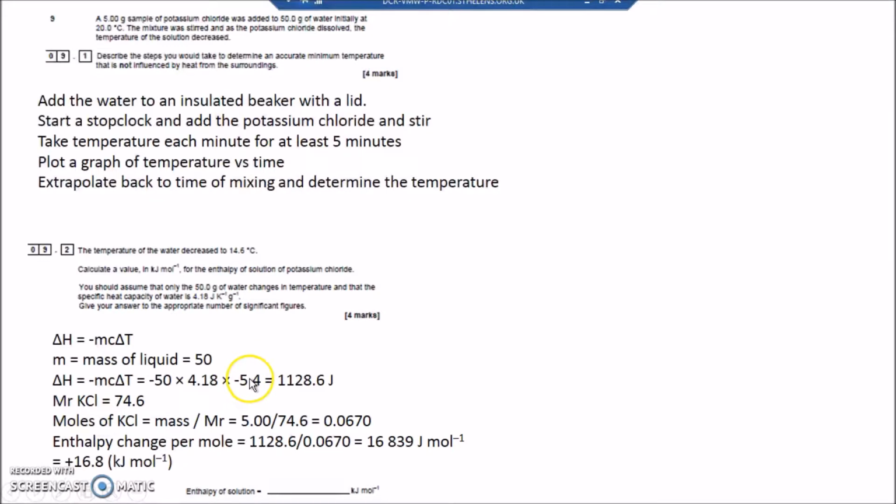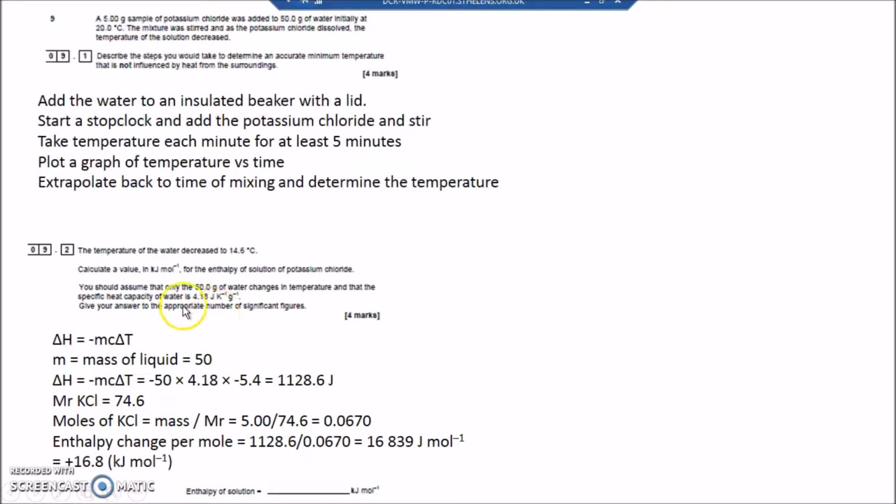The minus means the temperature has gone down, and when you multiply all those out, you end up with 1128.6 joules. You know it's in joules because the specific heat capacity has joules as one of its units. You can convert that into kilojoules, but I'm going to do that at the end.